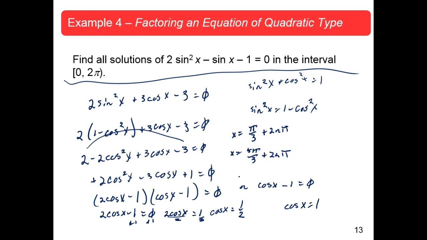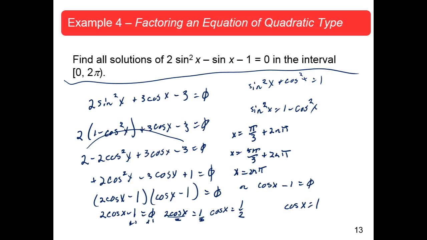And where is cosine x equal to 1? At 0. So let's just call that x equals 2n pi, where n could be 0, 1, 2, 3, anything, any integer. Those will be our possibilities.